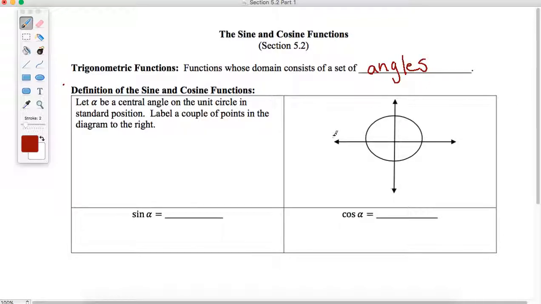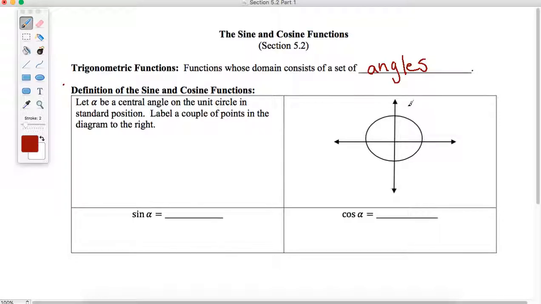And so when we were dealing with algebra, we just thought about functions who had elements of their domain that were real numbers. But now we're going to have functions whose domain consists of angles. All right. And so we're going to derive how this process works in this video.